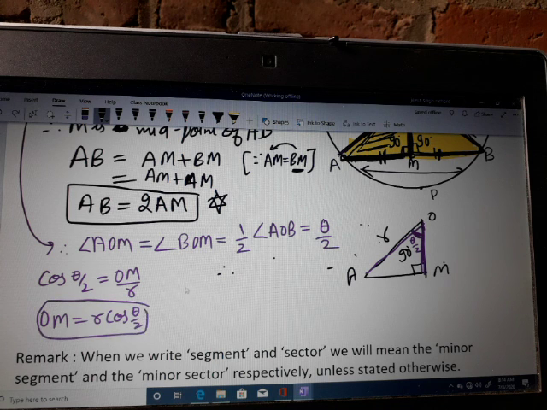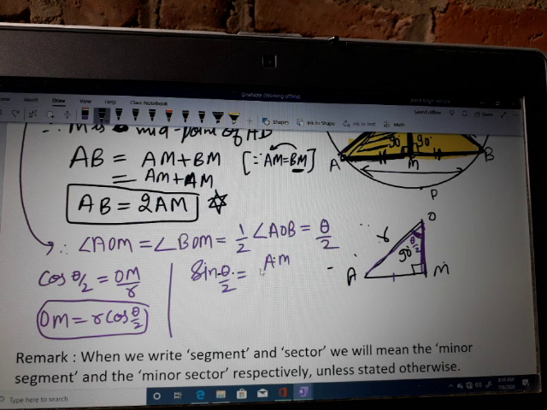In the next step you will use sin theta also. So sin theta by 2. Sin theta by 2 in this right-angled triangle OMA is perpendicular upon hypotenuse. That is equal to AM upon hypotenuse OA. OA equals the radius of the circle.